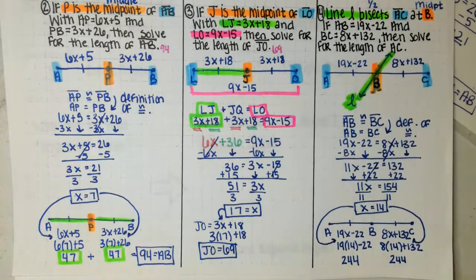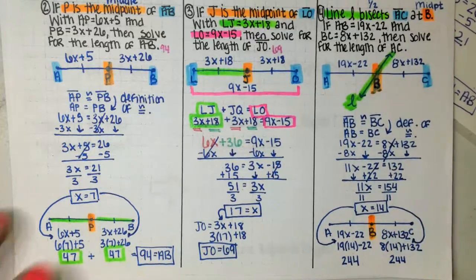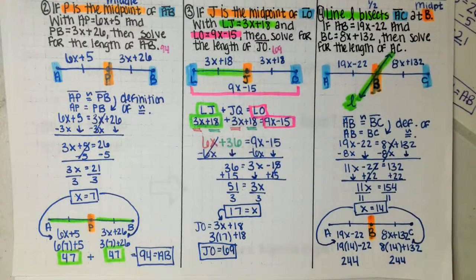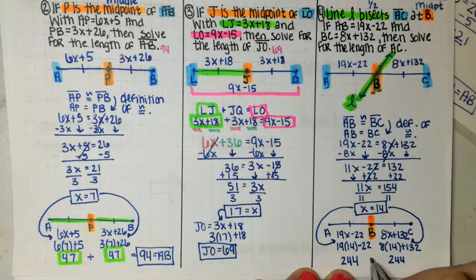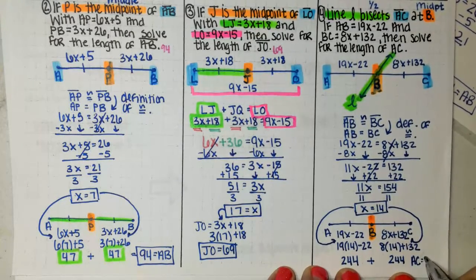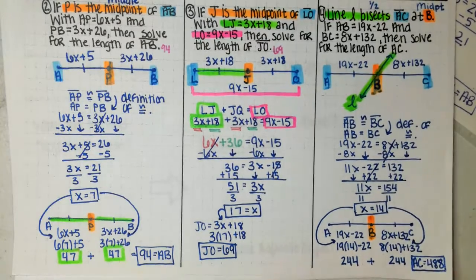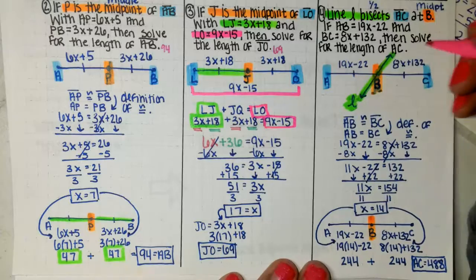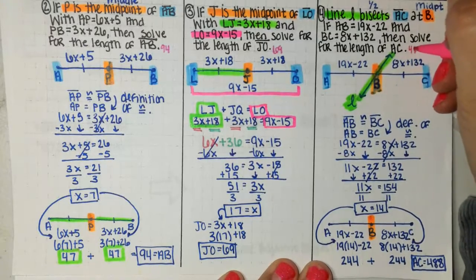So remember, point B is in the middle, which means this length and this length are actually the same. They are congruent to each other. So I'm going to go ahead and just add those up. 244 plus 244 is 488. So AC equals 488.